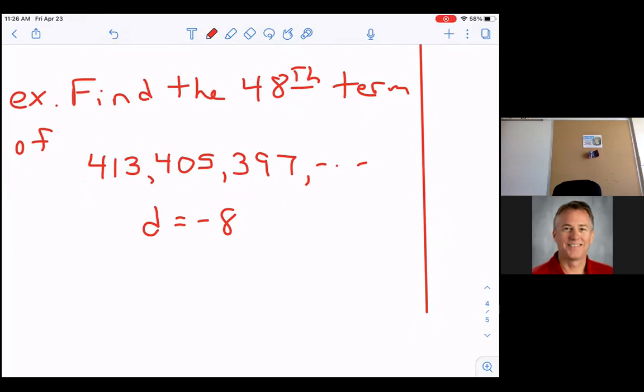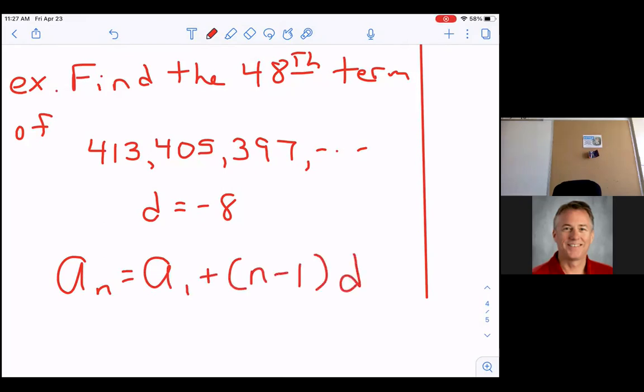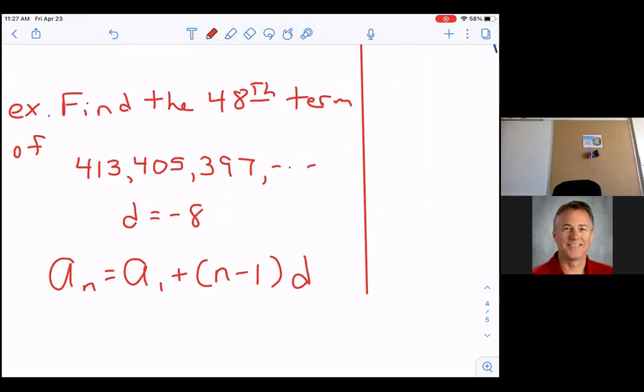So now I'm going to write the equation. I gave you that general formula: A sub n is equal to A sub 1 plus n minus 1 times D. And I'm going to fill in what I know.